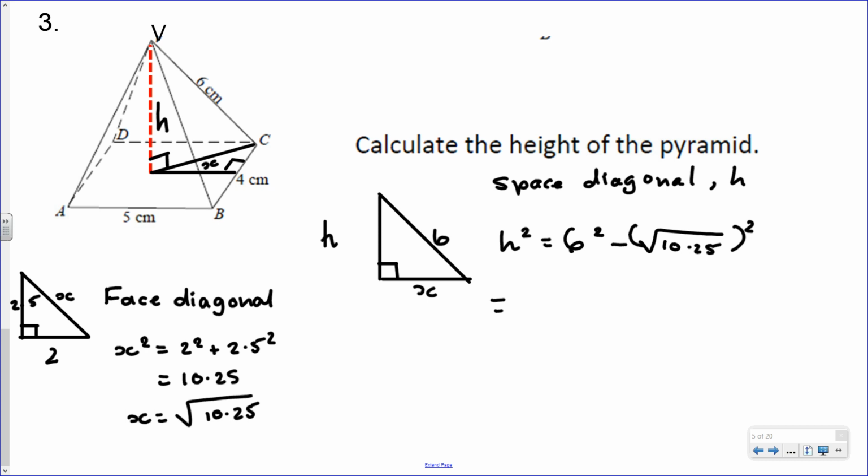Entering that into the calculator gives me 36 minus 10.25. Oops. Put that back over here.